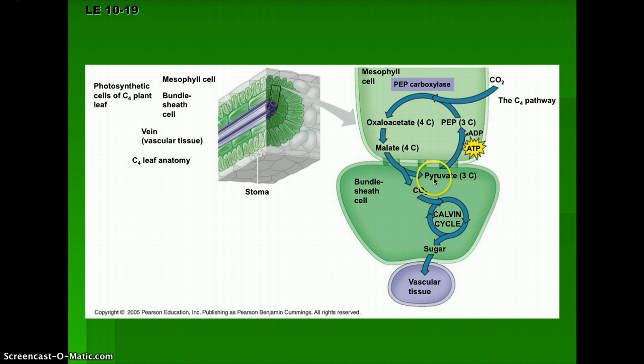When you go from malate to pyruvate, you're going to lose a carbon. And that carbon lost is going to be that carbon dioxide molecule that is going to feed into the Calvin cycle to make the sugar that will eventually end up in the vascular tissue, the phloem tissue. So here we have a spatial separation, 2 different areas of the plant cells, the mesophyll cells and the bundle sheath, where this process is going to occur.